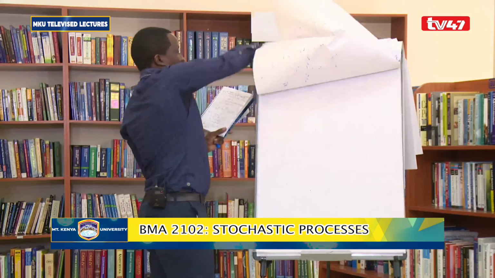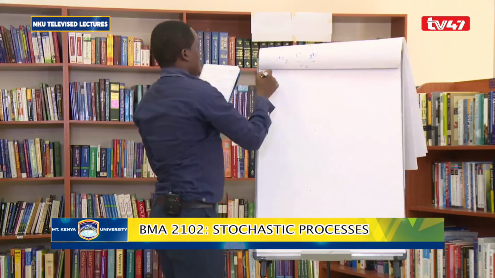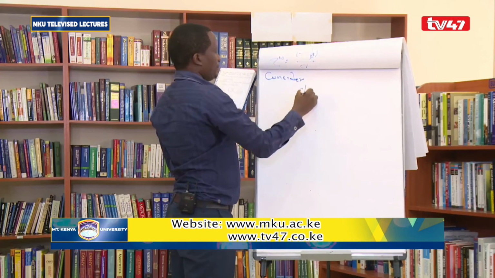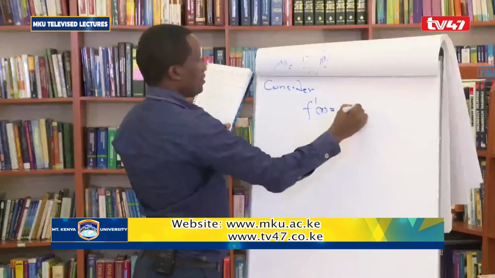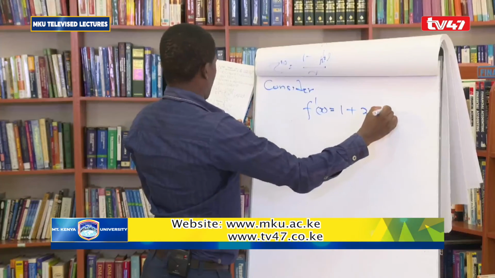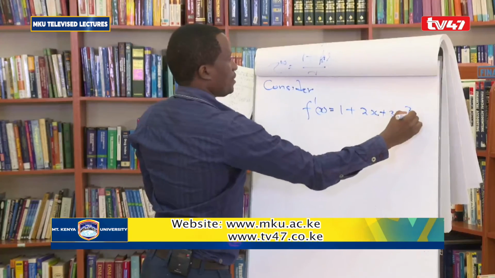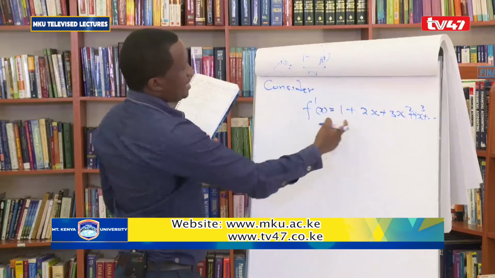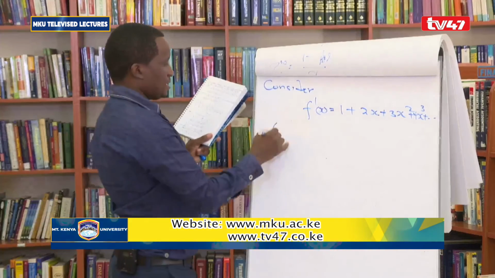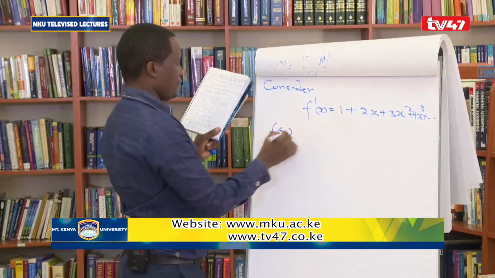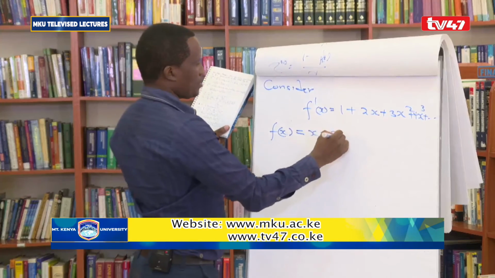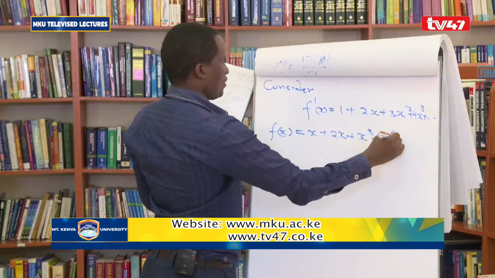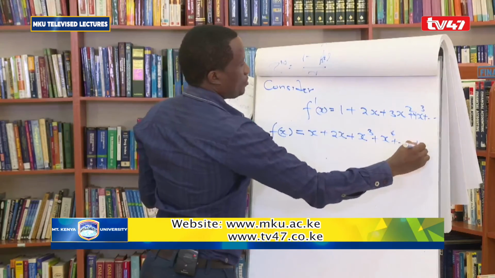Now with that, let's consider this. f prime is equal to 1 plus 2x plus 3x squared plus 4x cubed, and so on. Now, considering this expression, let's look at an expression of f of x as x plus x squared plus x cubed plus x to the power 4 plus all the way to plus c.